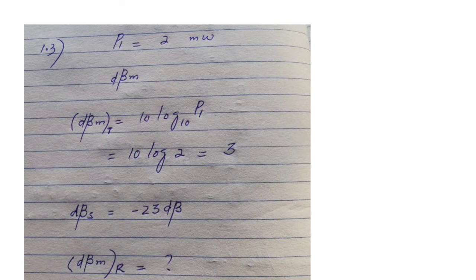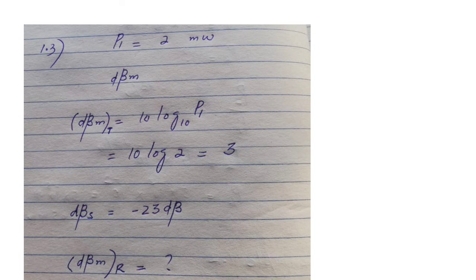The input power of a communication system is 2 milliwatt, and the question says to calculate the decibel value of this power with respect to 1 milliwatt. So basically we need to calculate the dBm value of P1.